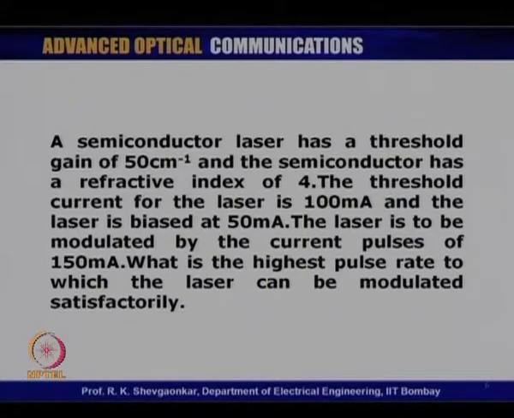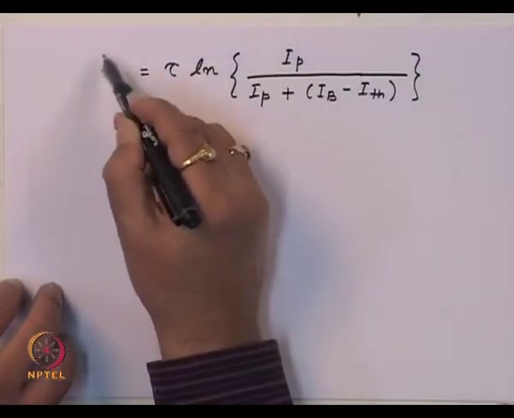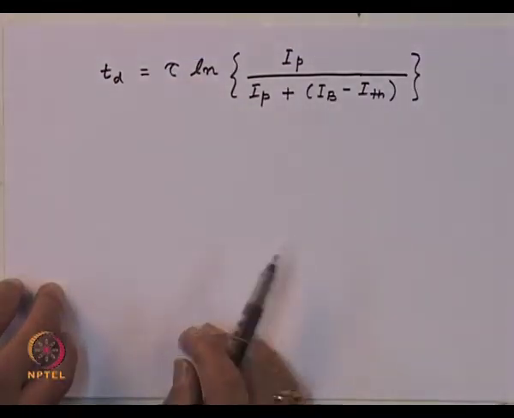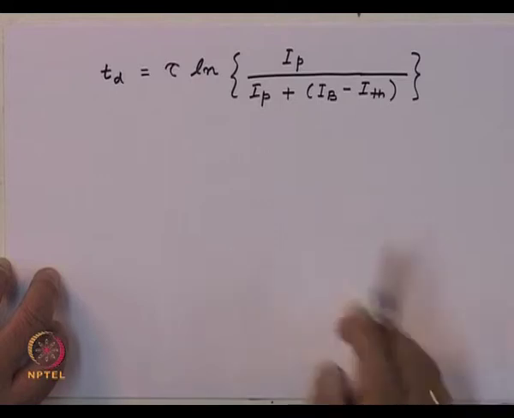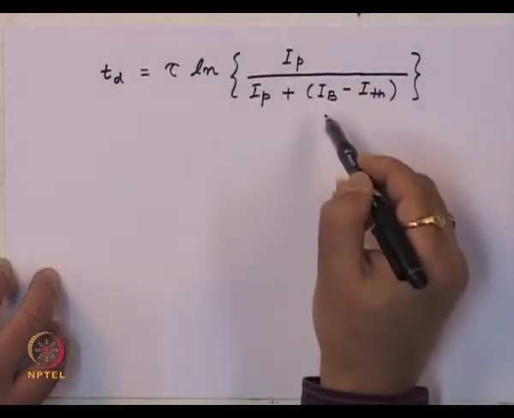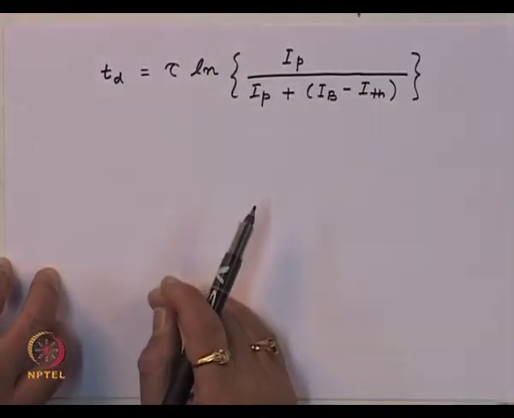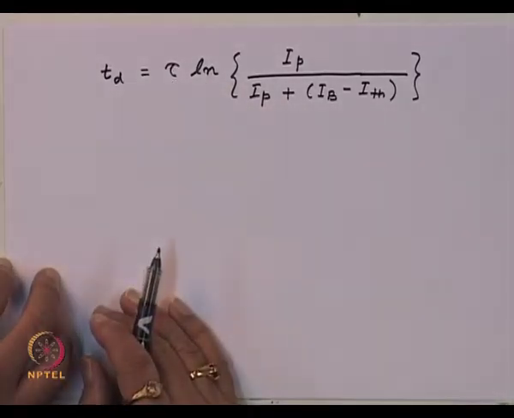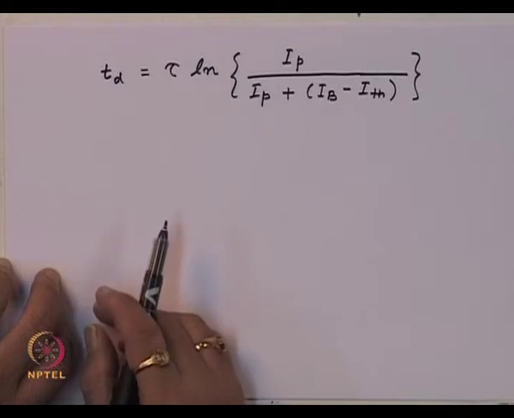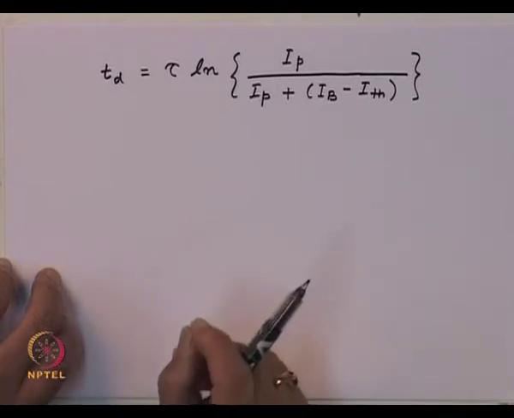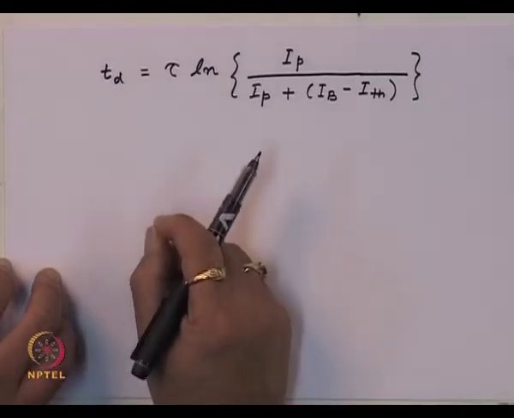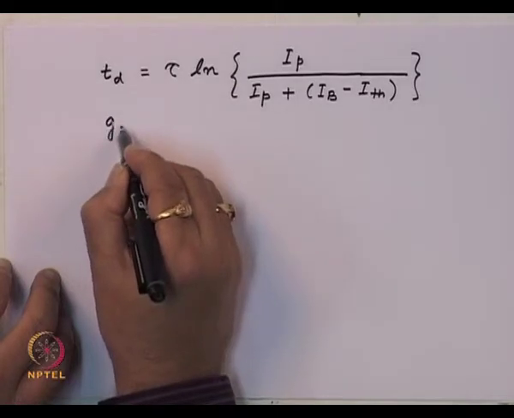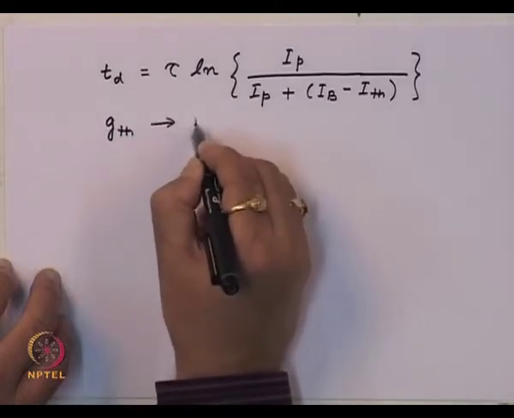So, as we have seen in the earlier problem, the speed can be calculated if I know this time, which is T d. All these parameters are given, I p is given, I b is given, I threshold is given. Only tau is a quantity which is not given directly in this problem. What is given, however, is the threshold gain, which is G T h.